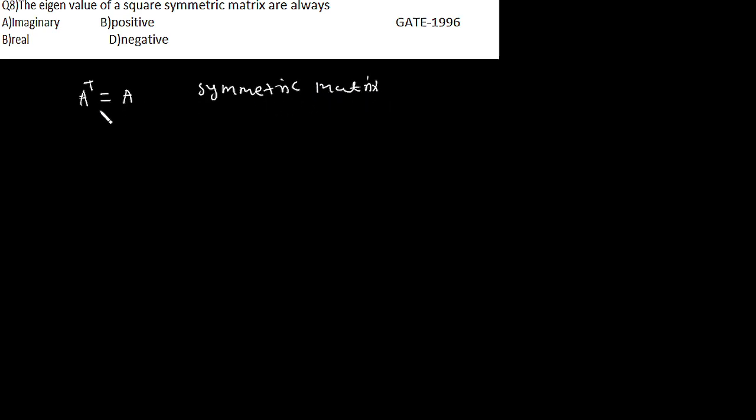Now the symmetric matrix has another property, that its eigenvalues are always real. So remember this property for the symmetric matrix. So option B is the correct one, because all the eigenvalues of a symmetric matrix are always real. So option B is the right answer.